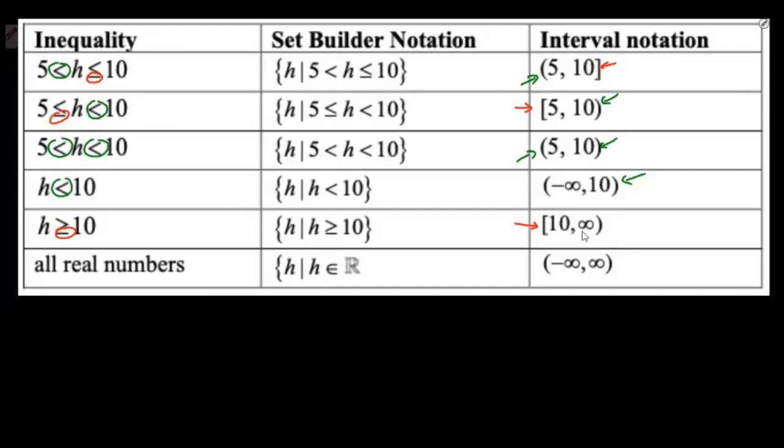Now, the other one that we also talked about in that very first example was anytime you have some sort of an infinity, it's always parentheses. Because infinity is not a number, so it can't be included in the interval. It's that concept, like you mentioned, of either increasing or decreasing without bound, without a boundary.